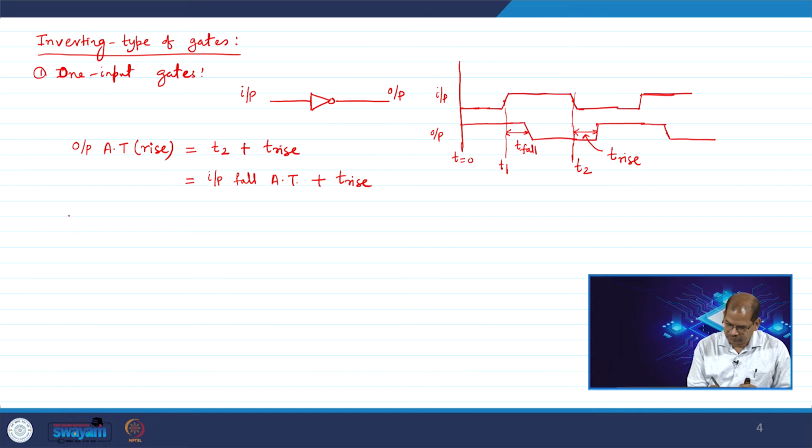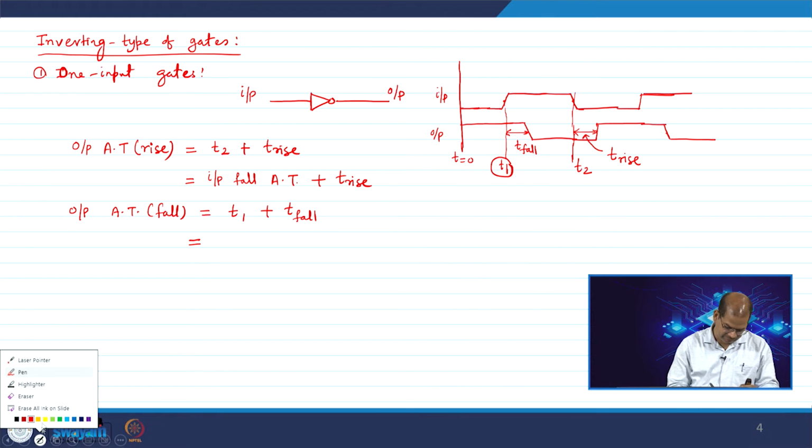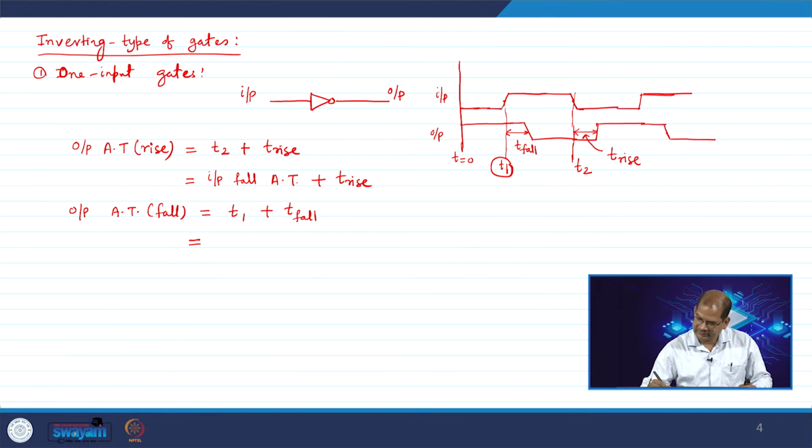So, output arrival time fall is basically T1 plus T fall. What is my T1? If you can see, T1 is rising.